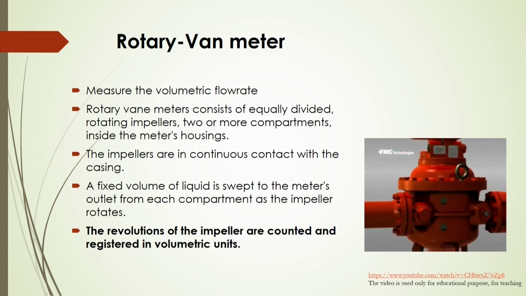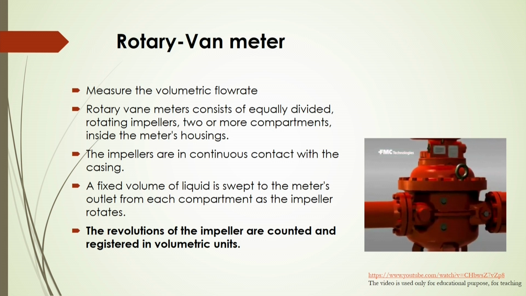A fixed volume of liquid is swept to the meter's outlet from each compartment as the impeller rotates, and the revolutions of the impeller are counted. Based on that count, the amount of fluid passing out is registered in volumetric units.